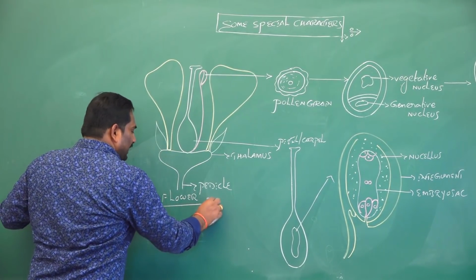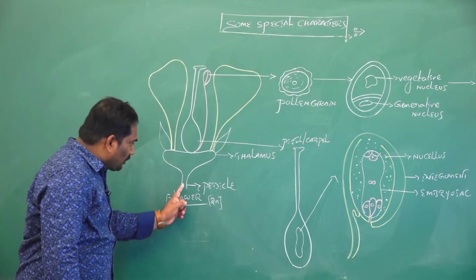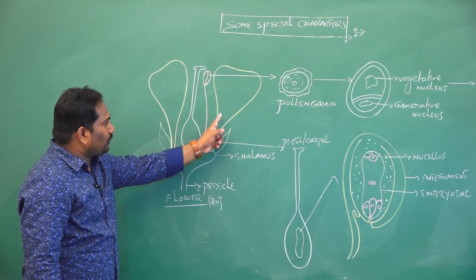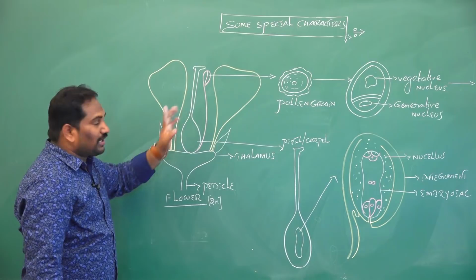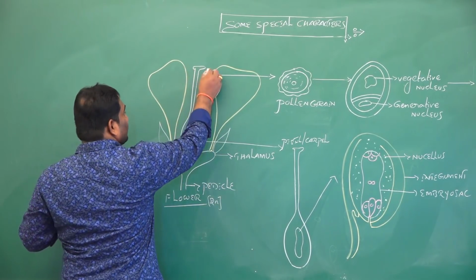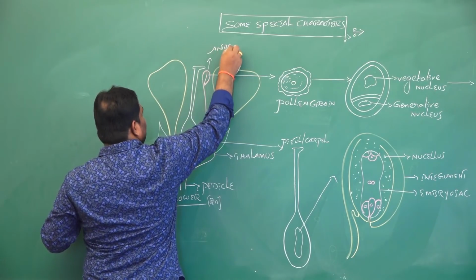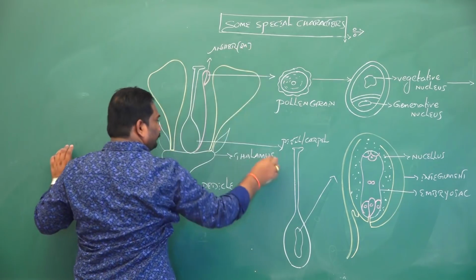Then its ploidy is diploid. And the pedicel also diploid, thalamus also diploid, calyx also diploid, corolla also diploid, stamens also diploid, pistil or carpel also diploid, anthers also diploid. Because the flower is diploid, floral parts also diploid.